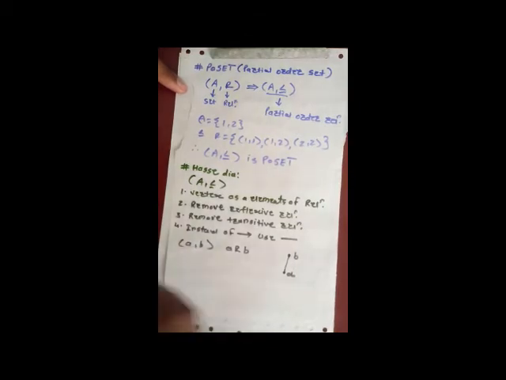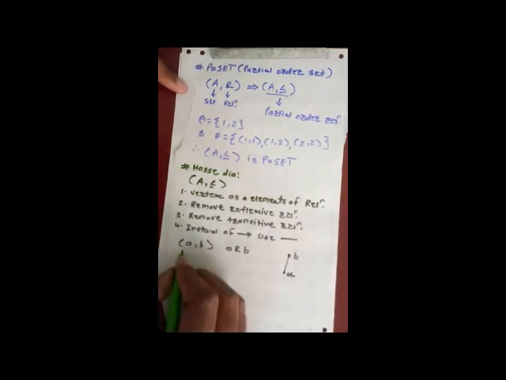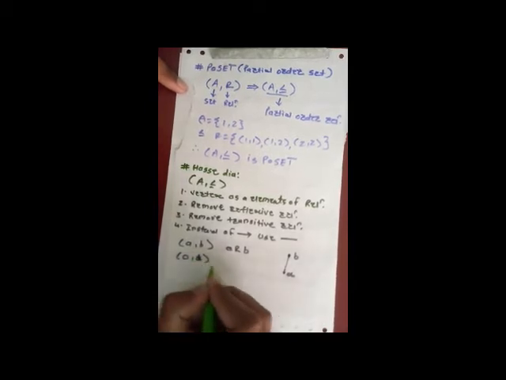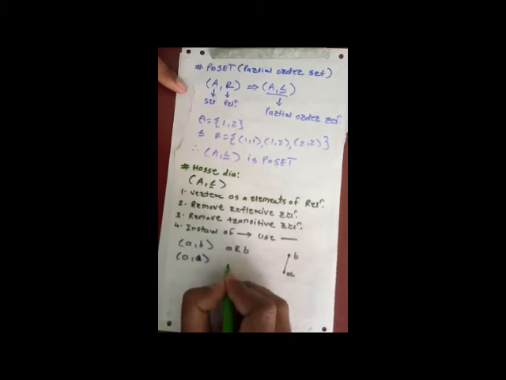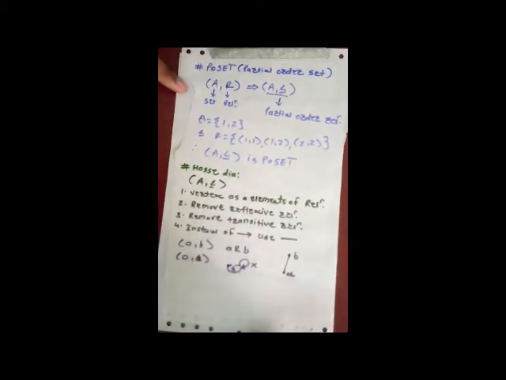Again, we have to remove the self loop, meaning if there is a pair (A, A), suppose this is A, then we have to remove this self loop from the diagram.